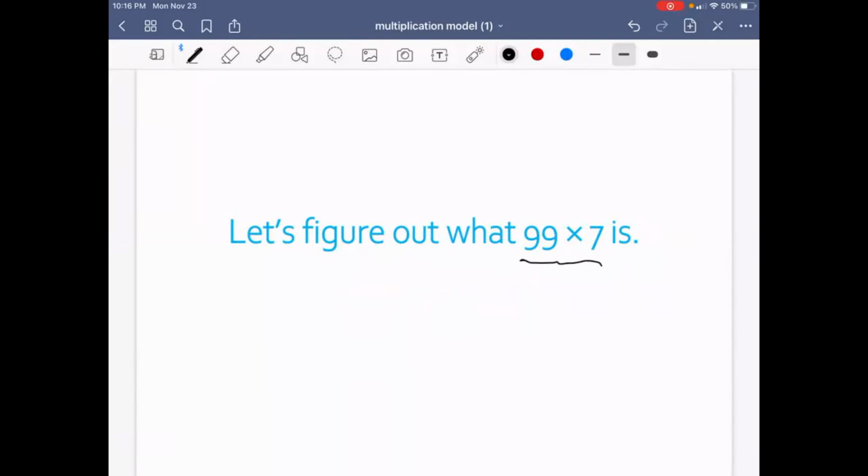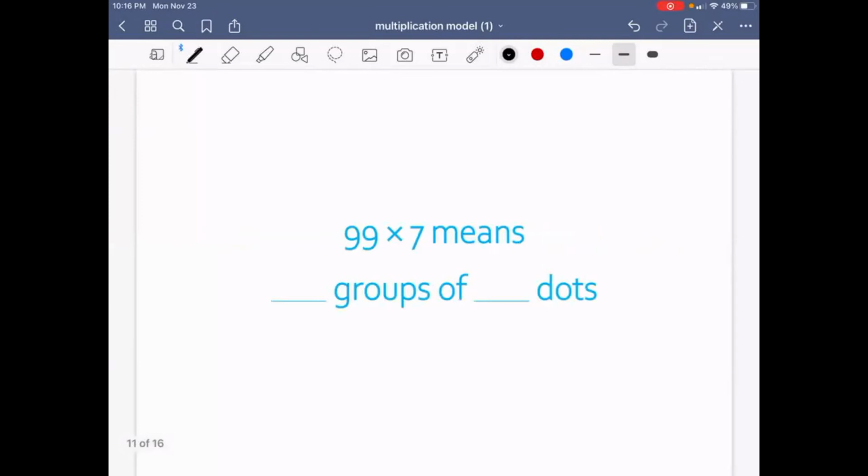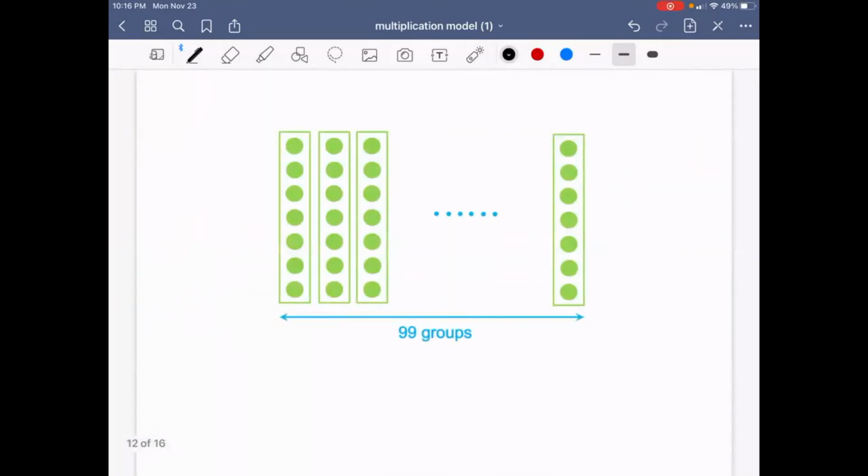Okay, now let's figure out what 99 times 7 is. I know it's a big number, or big numbers, but if we know how to do models, we can probably do it. Okay, so now let's sort out our groups and our dots in each group. So 99 groups and 7 dots in each group. All right, now I've already drawn out the groups and dots, but it's nearly impossible to draw all the groups and dots.